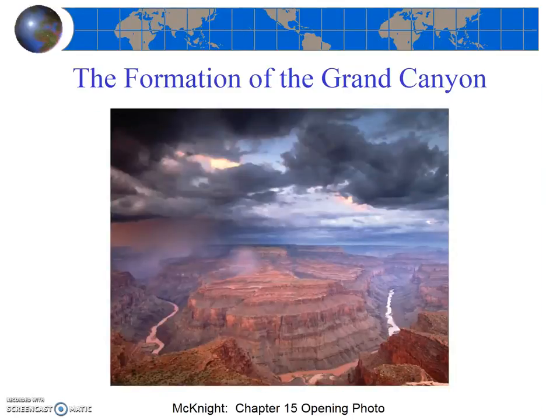Next, let's look at a couple of famous places that are formed in part by these denudation processes. First, check out the opening photo in chapter 15 in your textbook. It depicts the Grand Canyon. Commonly, people say the Grand Canyon was carved by the Colorado River, which implies erosion. This is partly true. The Colorado River erodes an enormous amount of sediment each year.